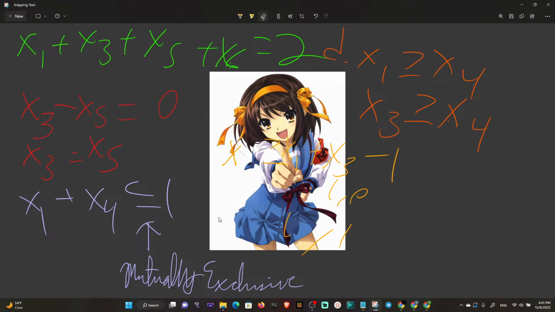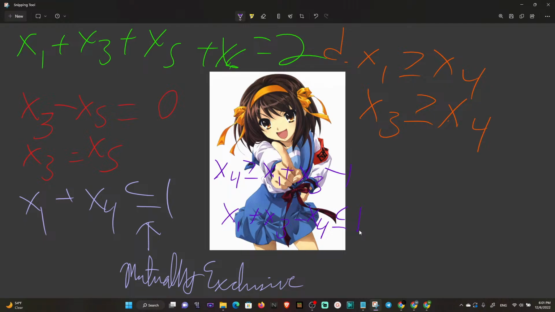Does that make sense? Let's say x1 and x3 were taken together, then this would be forcefully a 2. So you add the -1 to balance that out. But this is not the proper way to write it. The proper way to write it is as follows: x1 plus x3 minus x4 is less than or equal to 1.